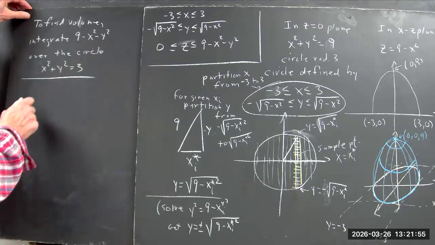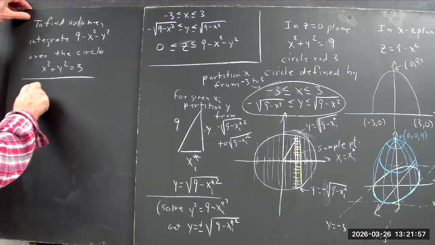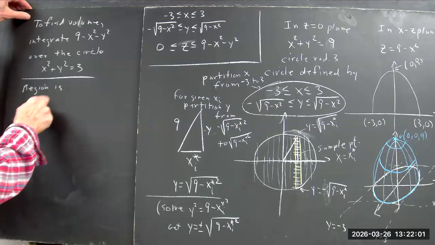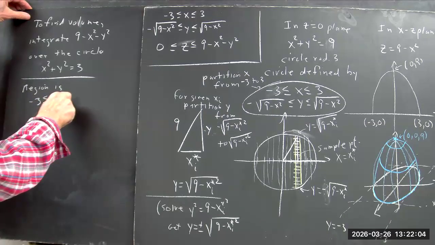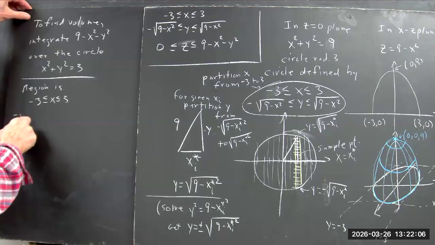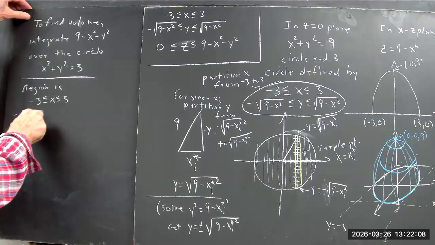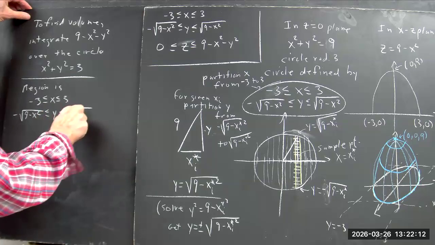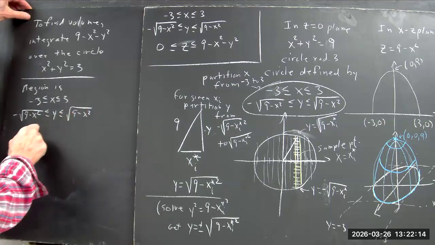Well, the region is -3 less or equal to x less or equal to 3, negative square root of 9 minus x squared less or equal to y, less or equal to square root of 9 minus x squared.